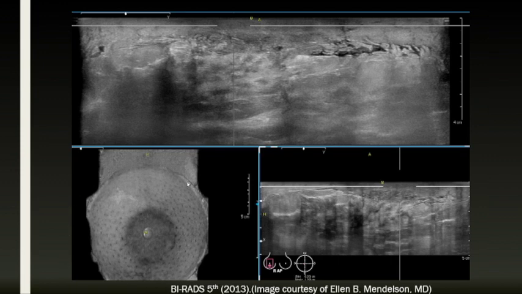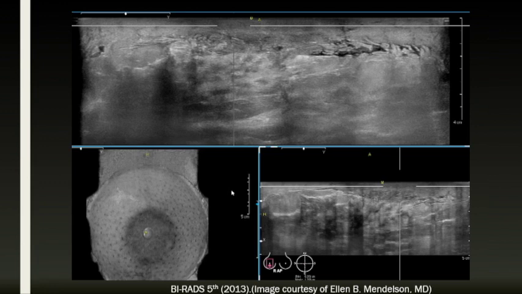This is inflammatory carcinoma. And what this is, automated ultrasound with a 15 cm wide transducer. It's a linear transducer that acquires the image with reconstructions in coronal view where you see the entire breast at that level, and a sagittal reconstruction.